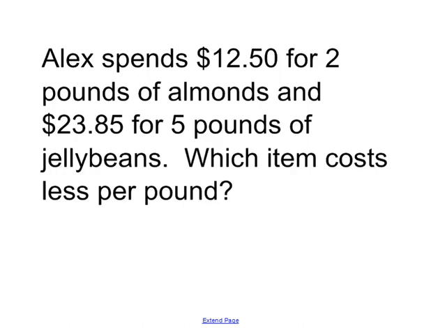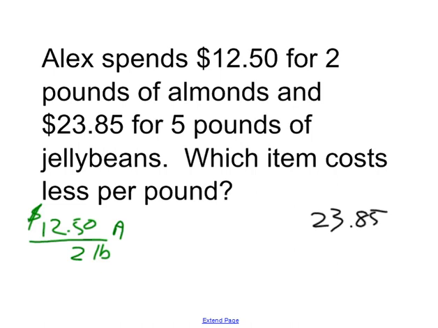Alex spends $12.50 for 2 pounds of almonds and $23.85 for 5 pounds of jelly beans. Which item costs less per pound? Well, I'm going to set up the ratio here that says $12.50 for 2 pounds of almonds, and I'm going to compare that to the ratio for the cost for the jelly beans of $23.85 for the jelly beans, and that's per 5 pounds.